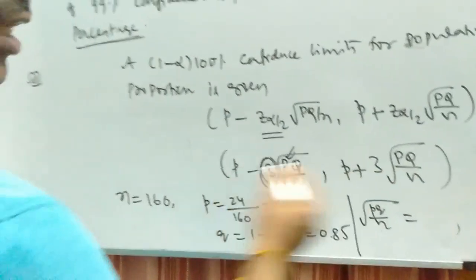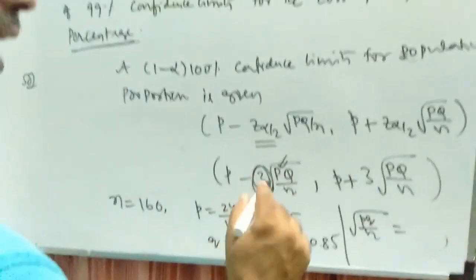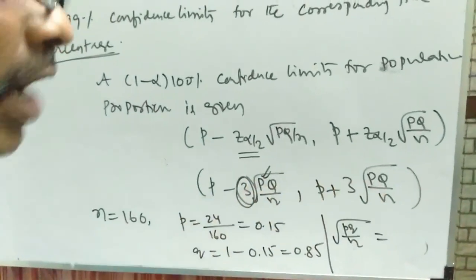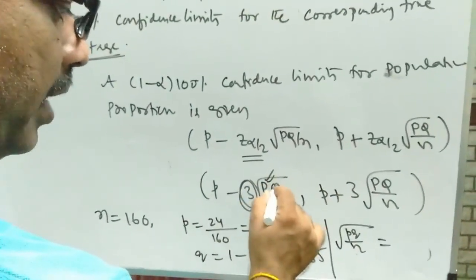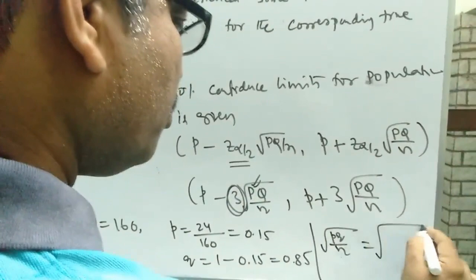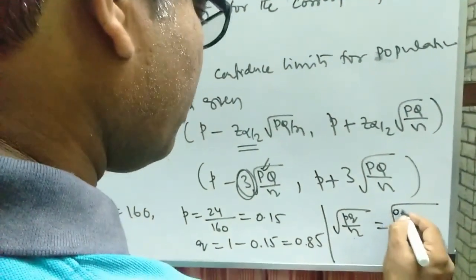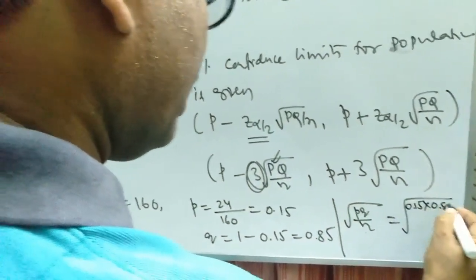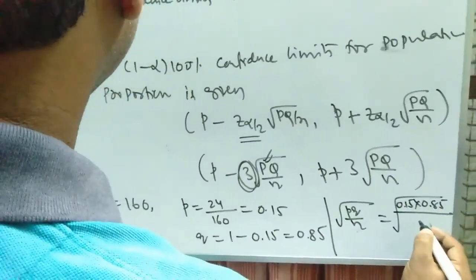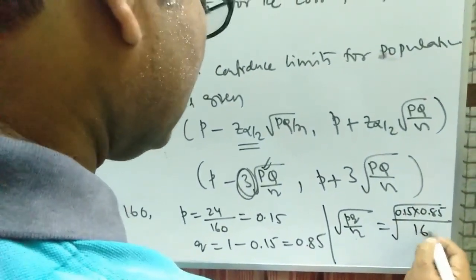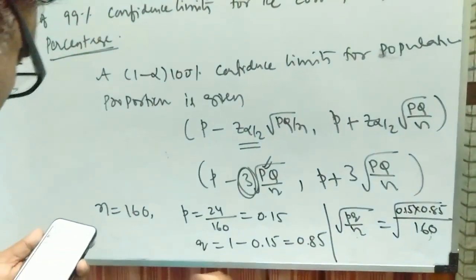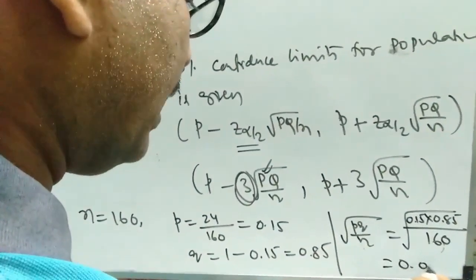Capital P is unknown quantity, these are the interval estimation. We are estimating capital P value using this formula. Here you take it as small p and small q. So root of pq, p and 0.15 into 0.85 by what is n here? 160. So this value is equal to 0.028.